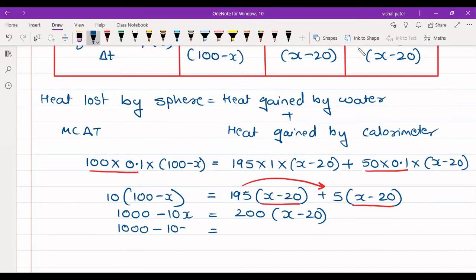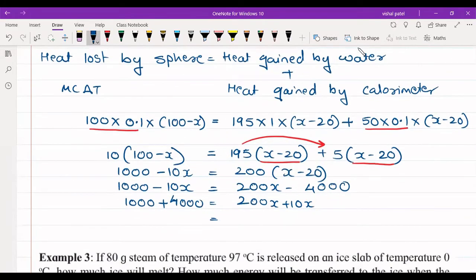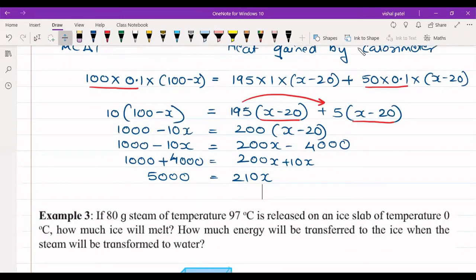1000 minus 10x. Open the bracket: 200x minus 4000. Okay, so I'll shift numbers to one side: 200x plus 10x, so that is 210x. Just a minute, students, we need 2-3 more lines.